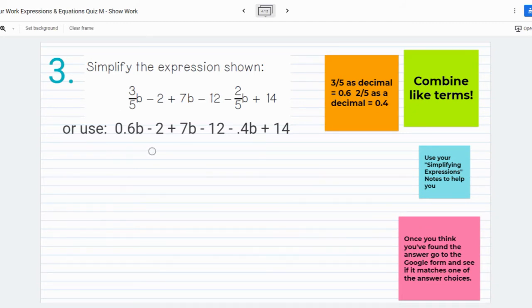Remember, maybe put a box around all the ones that are alike, or use a different color pen, put a circle around the others, and then add or subtract as you need to get them combined to where you have something with a B after it, plus or minus something with just a number.